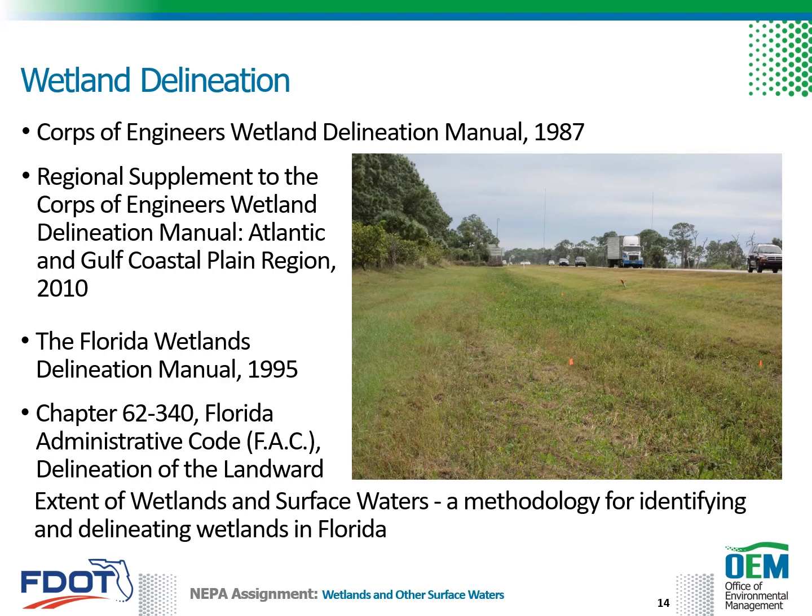A delineation of each wetland in the project area should be conducted in accordance with the U.S. Army Corps of Engineers Wetland Delineation Manual, Regional Supplement to the Corps of Engineers Wetland Delineation Manual: Atlantic and Gulf Coastal Plain Region, the Florida Wetlands Delineation Manual, and Chapter 62-340, FAC, Delineation of the Landward Extent of Wetlands and Surface Waters, as appropriate.